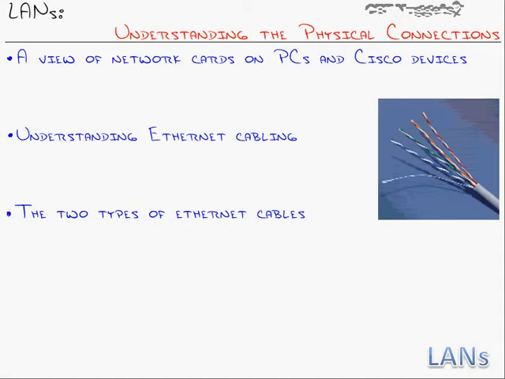Straight through typically used to connect unlike devices, or in my mind, things that are meant to be connected together. A PC to a switch, a router to a hub. Those kind of things are natural connections. If you have like devices, or in my mind, things that typically don't connect directly together, you have to make a modification, and that's where the crossover comes in.